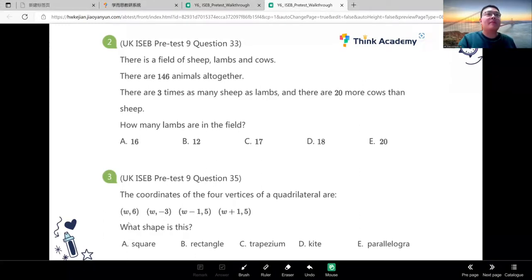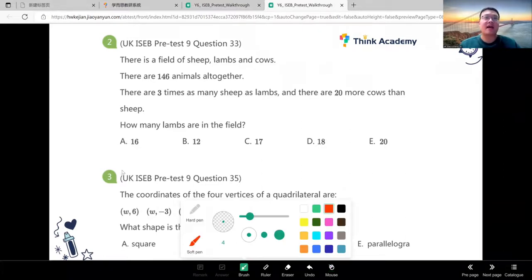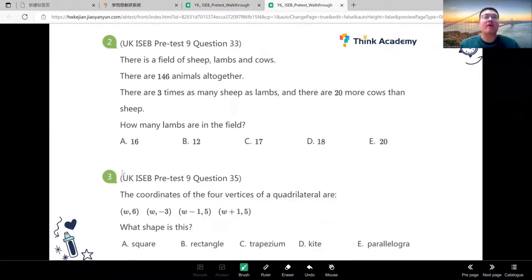How about this one? There is a field of sheep, lambs, and cows. There are 146 animals altogether, and there are 3 times as many sheep as lambs, and there are 20 more cows than sheep. Question, how many lambs are in the field?